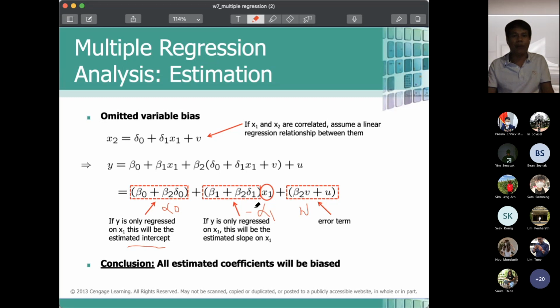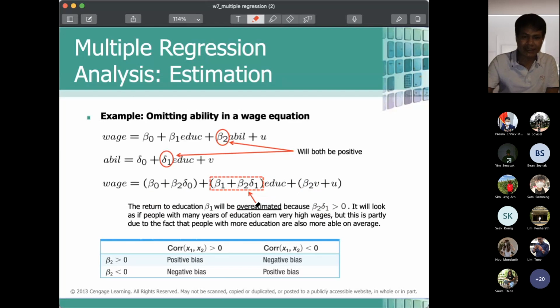When there is an issue of omitted variable bias, or when your variable is endogenous, you have the problem with endogeneity. All right? Yes, sir. Right. Next.